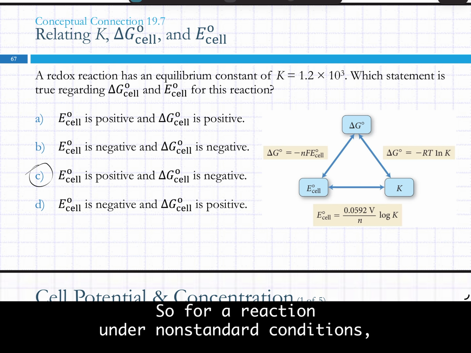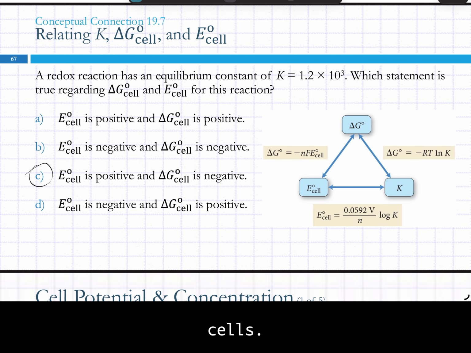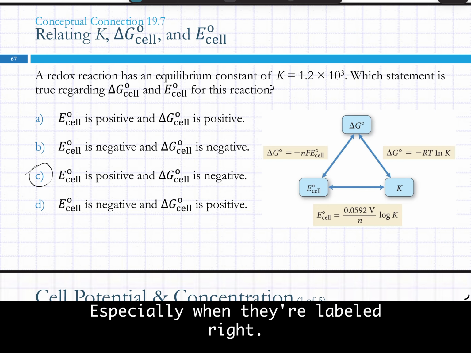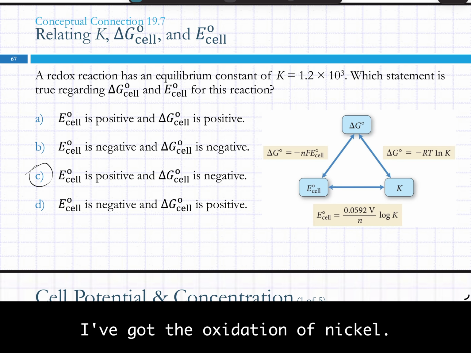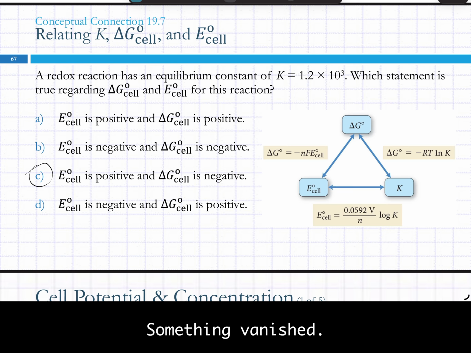So for a reaction under non-standard conditions, and this is really the nicer way to see these reactions, is in terms of the half cells. Especially when they're labeled, right? I've got the oxidation of nickel and I've got the reduction of vanadium, vanadate, but it's positive. So that's my reduction. I've got my oxidation.